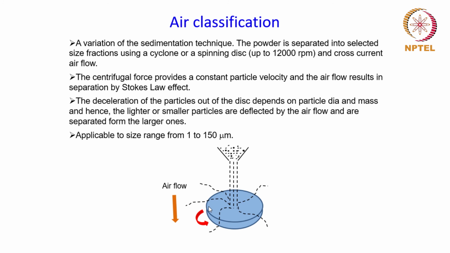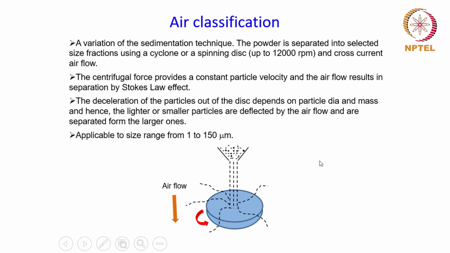The rotational speed of the disc and the airflow velocity can be controlled to change the particle size separation, and that is how you can handle powders having a different particle size range. The applicable size range for this technique varies from 1 to 150 micrometer.